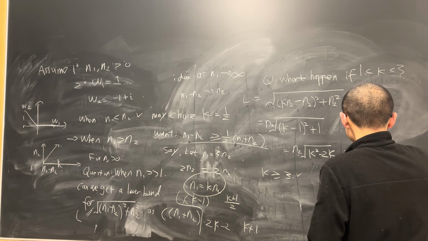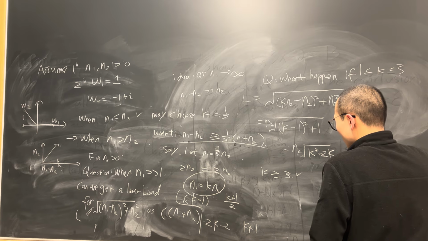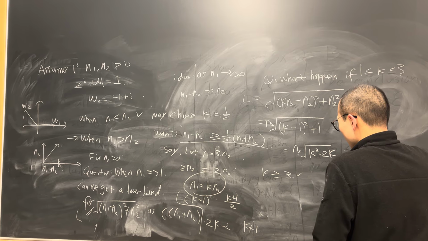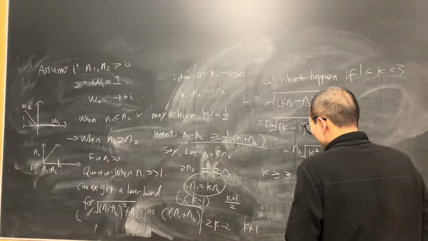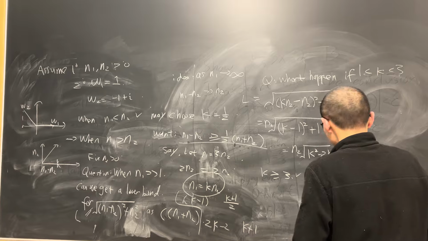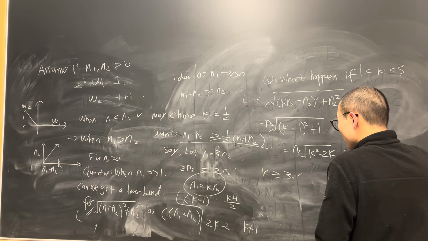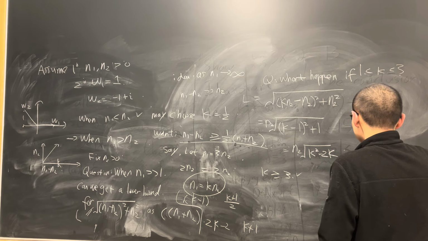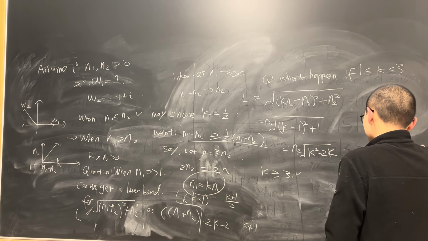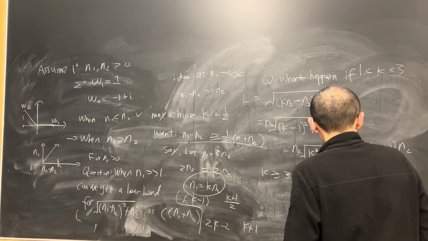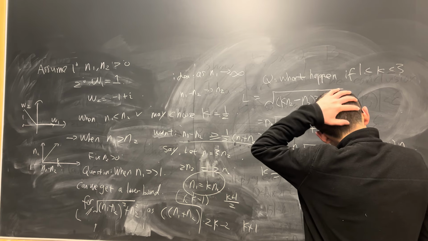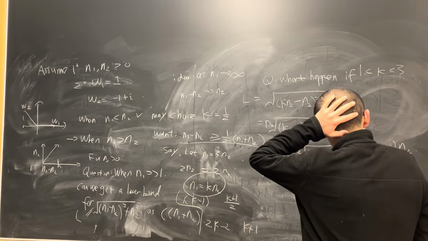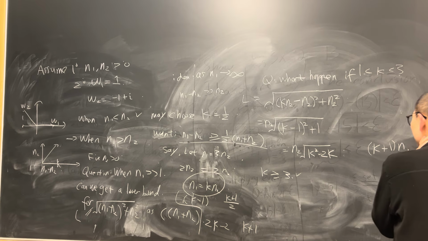Okay. So on the left hand side, we have some constant. Maybe let's omit the constant first. So k and 2. So k plus 1 and 2. Okay.